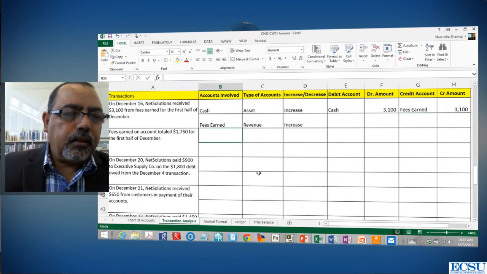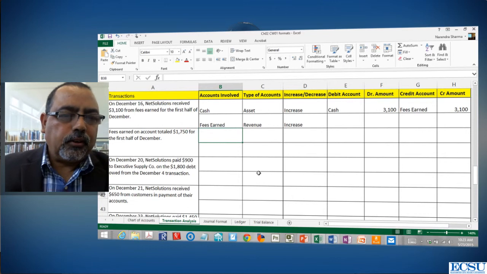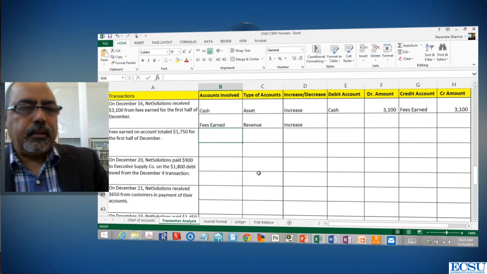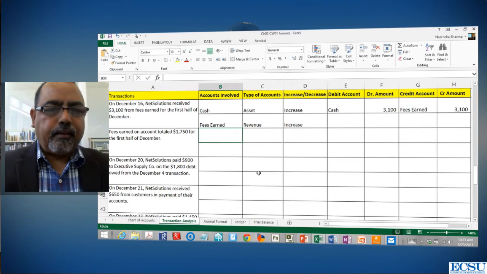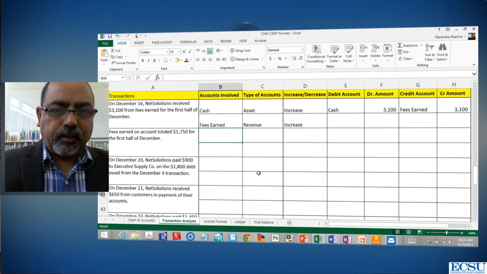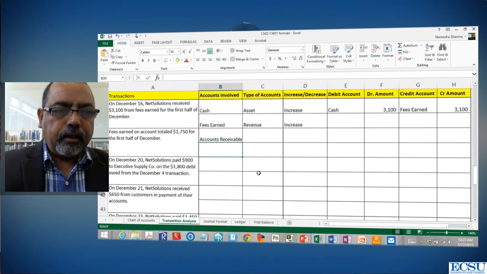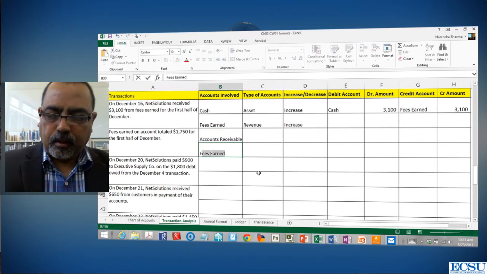Next is fees earned on account total 1,750 for the first half of December. So it means that I have earned but I have not received them. So that's why this will be considered as accounts receivable and fees earned.